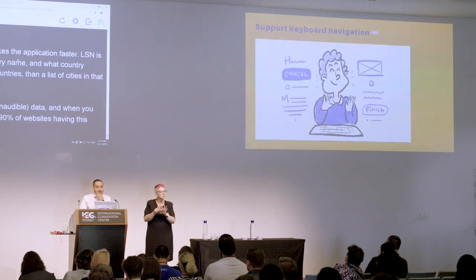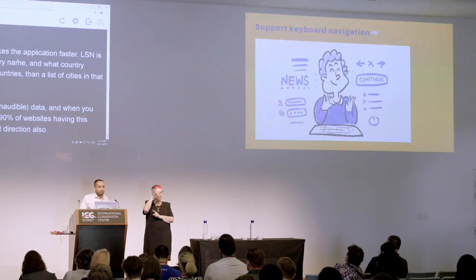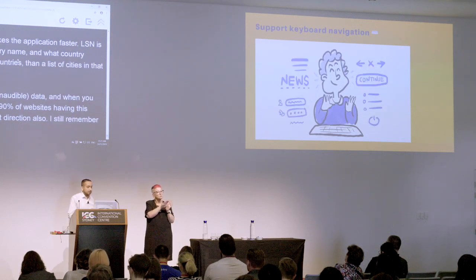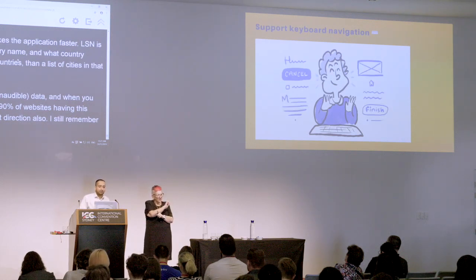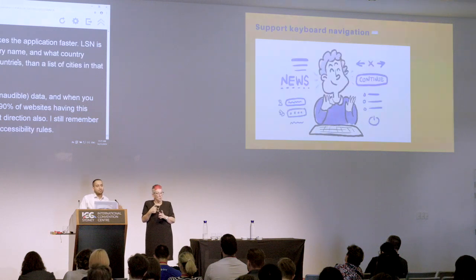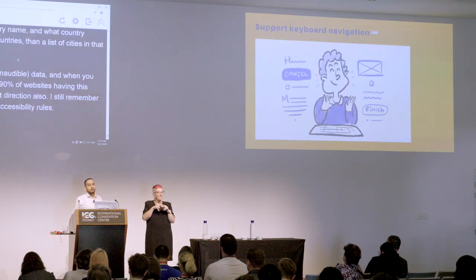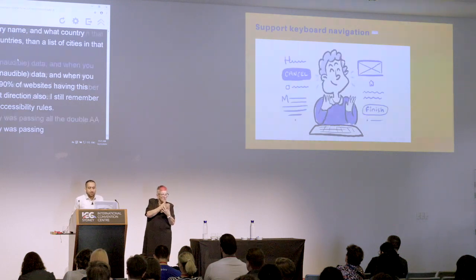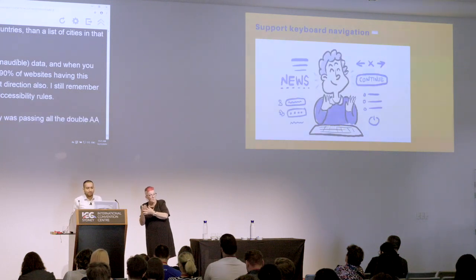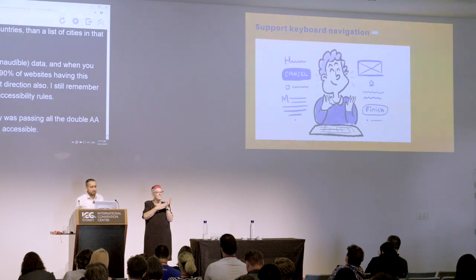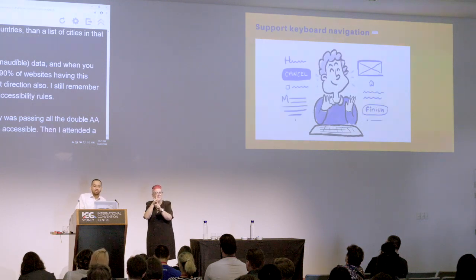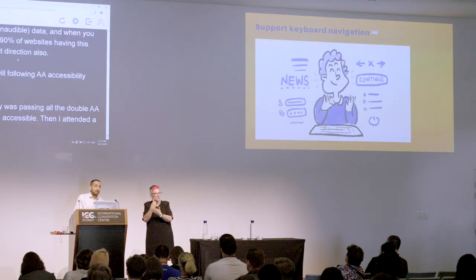I still remember when I was in the UK, we were following AA accessibility rules, and with the tools that we were using, if a component passed all the AA accessibility rules, we said it is accessible. Then I attended an Intopia meetup, I think two to three months ago, and met a few people who face these kinds of issues and are actually using the applications.